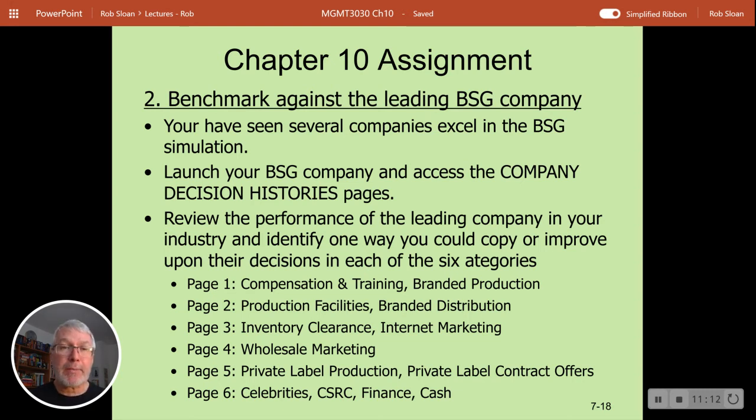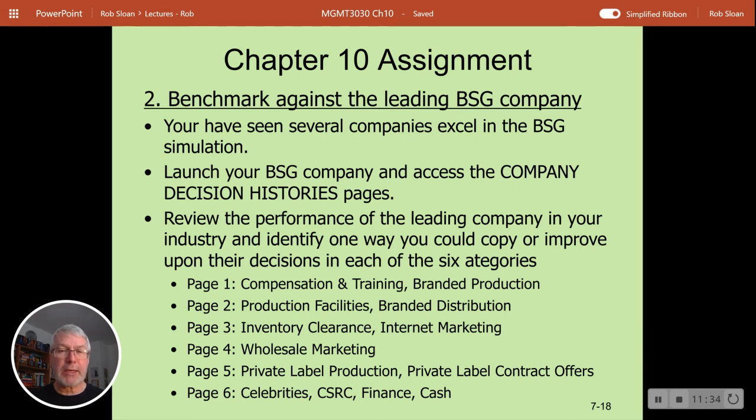So your assignment, the second part of it, is to benchmark against the leading BSG company. You've seen several companies excel in the BSG simulation already within your industry. I want you to launch the BSG company and access the company decision history pages, which you'll see on the left-hand side, and review the performance of the leading company.